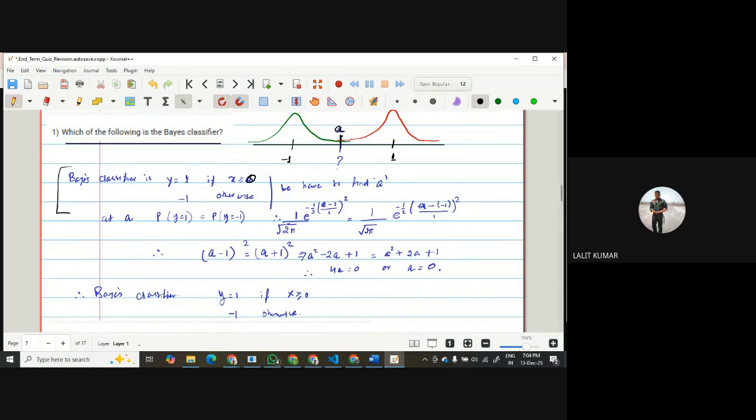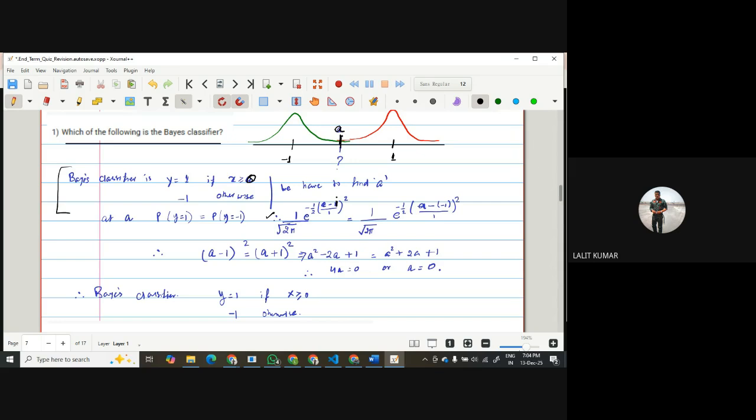So at a, the probability of this distribution is equal to the probability of this distribution. For a Gaussian, we know what the probability is. Probability y = 1 is 1 by root 2 pi, and I have removed the variance because it is 1 in both cases, times e to the power -1 by 2 times (a minus 1) square, because 1 is the mean.